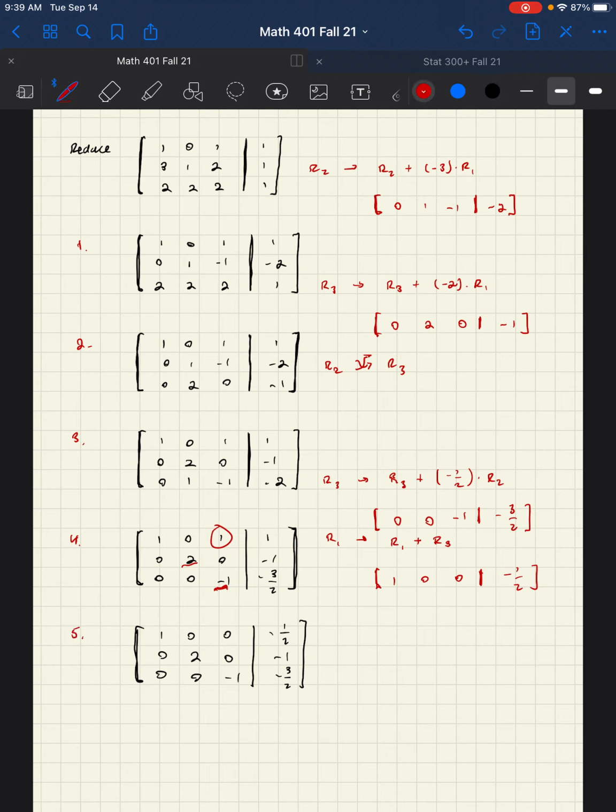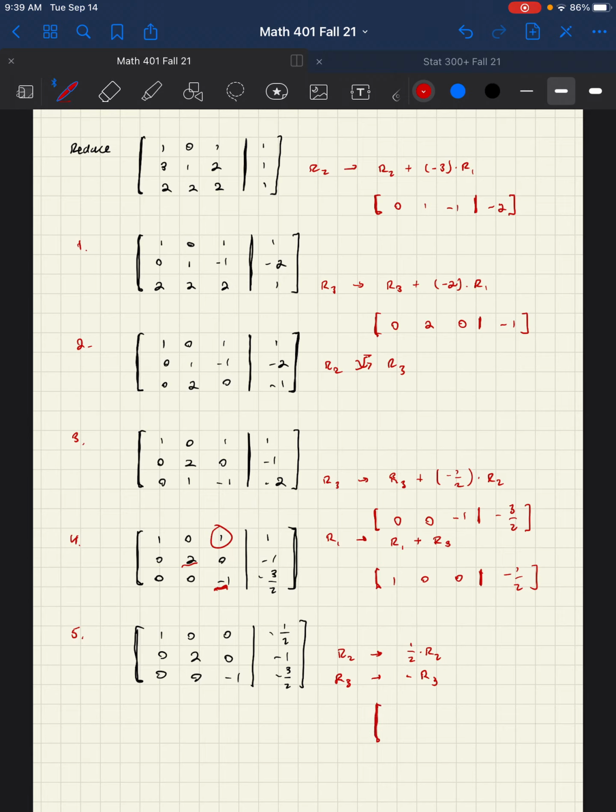Here I'm going to do 2 steps in one. I'm going to replace row 2 by dividing it by 2, so 1/2 times row 2. That's valid. We're just taking the entire equation and dividing it by 2, essentially. Row 3, I'm just going to change the sign on everything, so negative row 3.